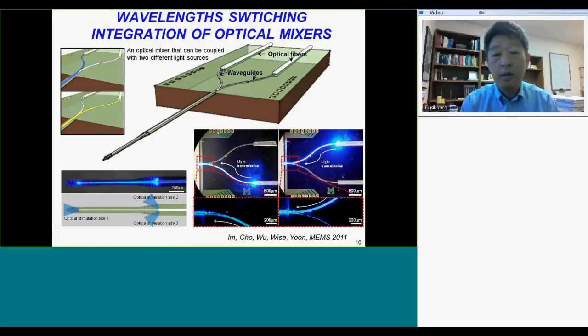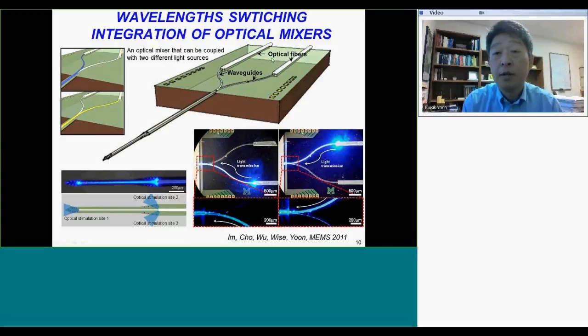The other one that we worked on is integrating an optical mixer, which gives us an opportunity to incorporate two different wavelengths. This optical mixer has two light sources attached, guided with optical fiber.